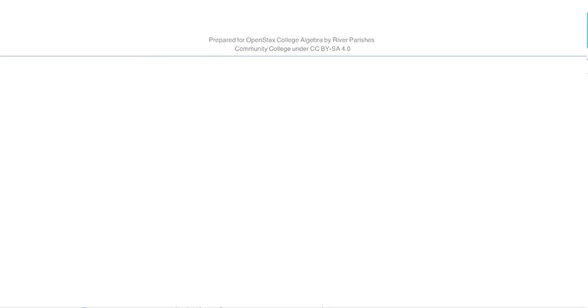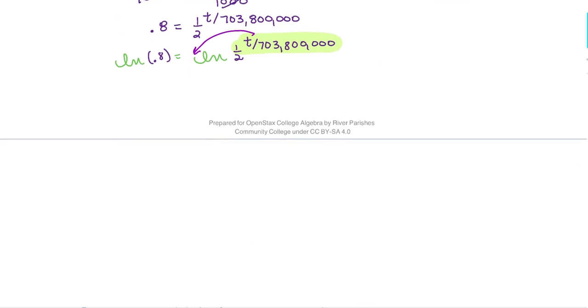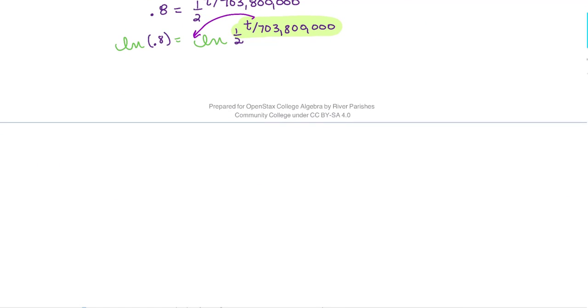Let me rewrite what I have here. Natural log of 0.8 is equal to t over 703,800,000, using the power property of exponents, times ln of 1/2.